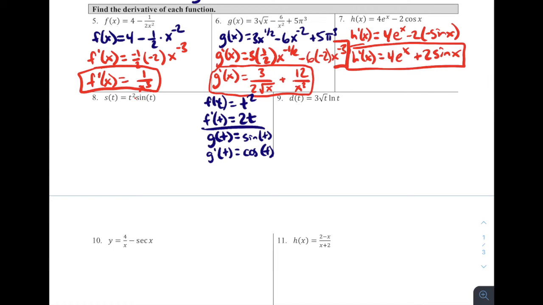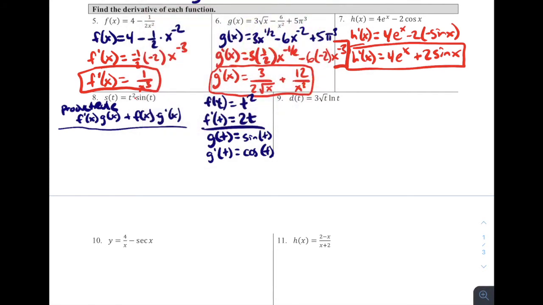We also remember then that the product rule says to do f prime of x times g of x plus f of x times g prime of x. And so we're going to be using that here in that format. So let's take that derivative.